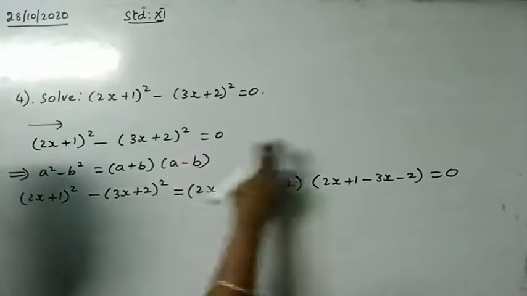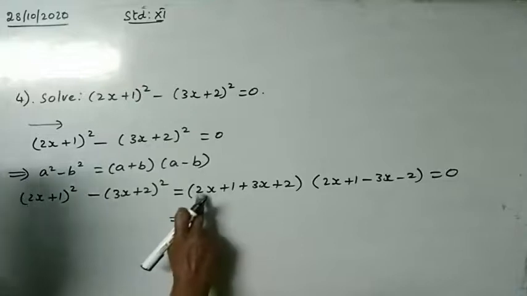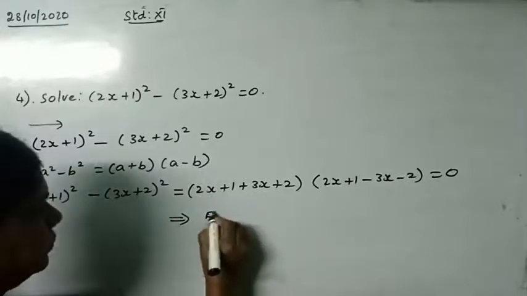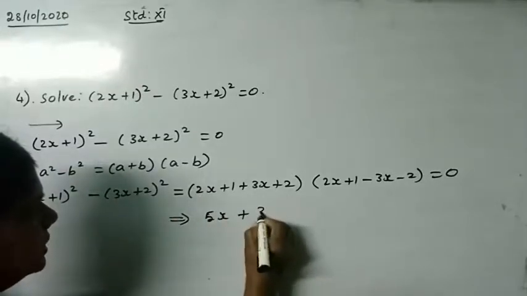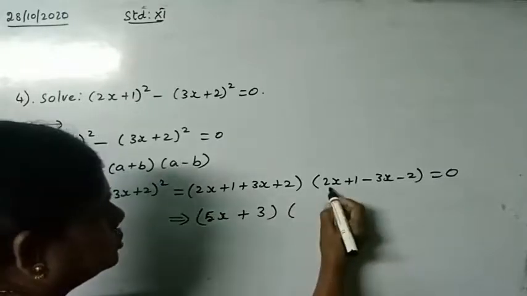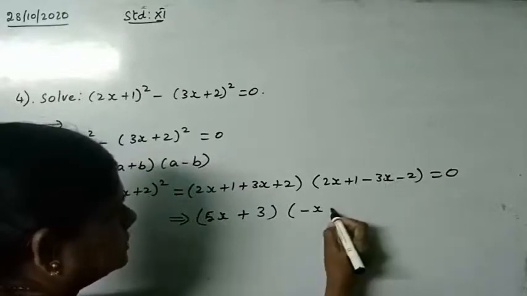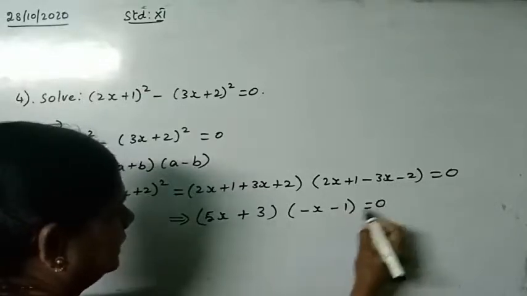Here I have taken equal to 0, which implies 2x plus 3x is 5x plus 3, a factor. The other one is 2x minus 3x is minus x, minus 2 plus 1 is minus 1, is a factor.